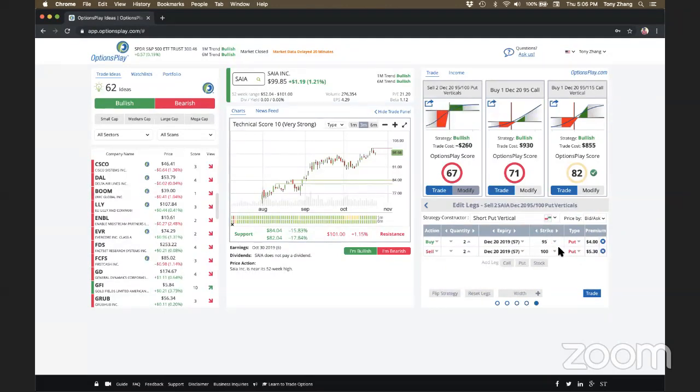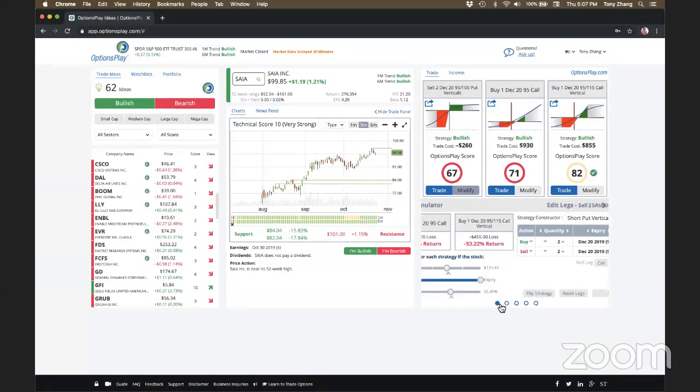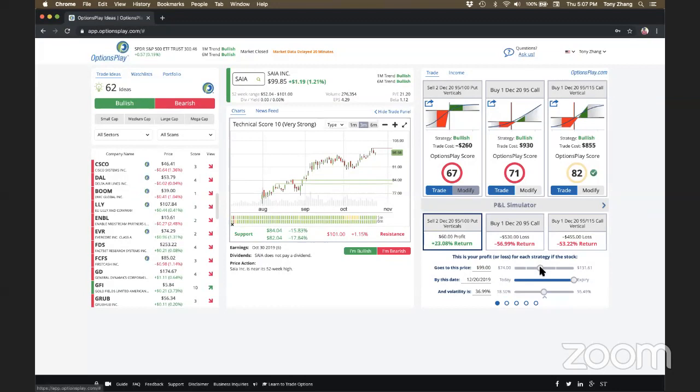But there are not a lot of choices here. These strikes are really far apart. So some of these smaller cap names, I wouldn't necessarily trade this because the strikes are too close to each other. But if you were able to find one on some of the weekly options, which I don't think are listed on this particular stock, I think you get the point of how to compare whether you should sell that credit spread or you want to buy that debit spread. It really depends on how bullish you are.